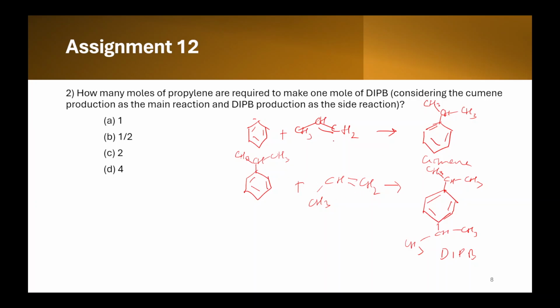So you basically require two propylene molecules or moles. In abbreviation, we can write B as benzene, propylene is P, it gives us cumene. Then again, this cumene plus propylene gives us D or diisopropyl benzene. So you require 2 moles of propylene. So this is the correct answer.